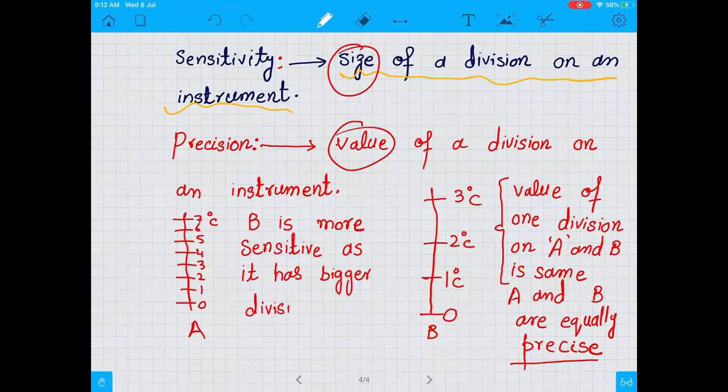So an instrument with bigger divisions is said to be more sensitive. So B is more sensitive just because it has bigger divisions. So this was the concept of sensitivity.